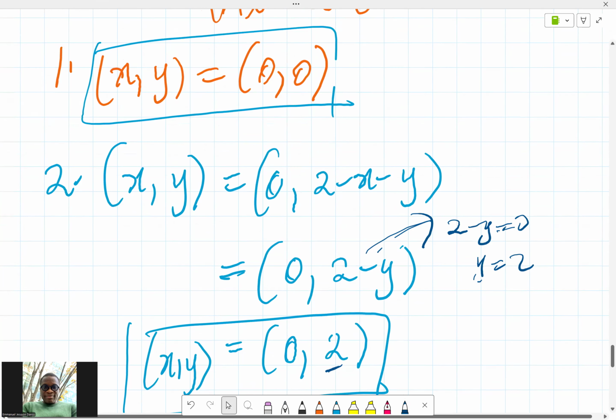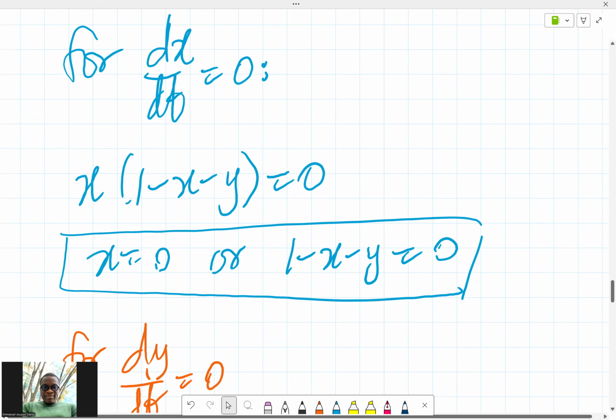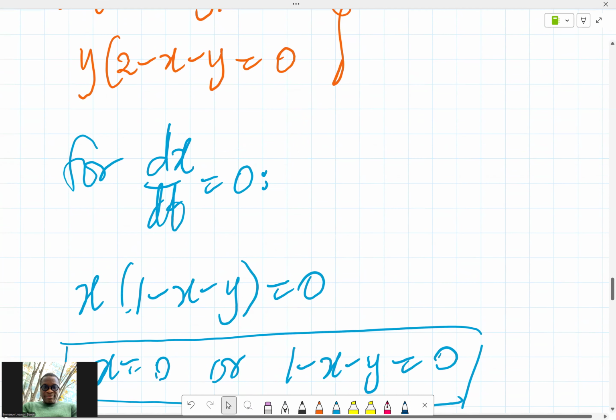Because they're all from up here, right? Each of them is equal to 0, so we can solve them simultaneously. So y is 1 minus x. y is also this. So the equilibrium points are 0, 0, 1, 0, 0, 2, and 1, 1.